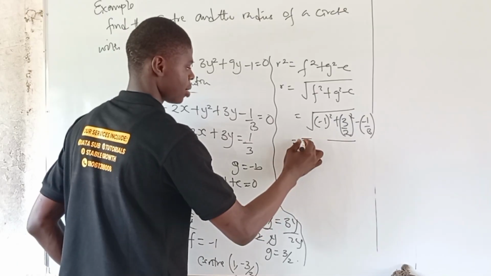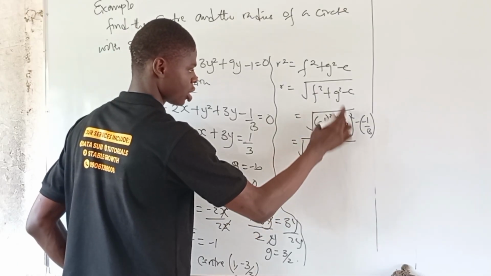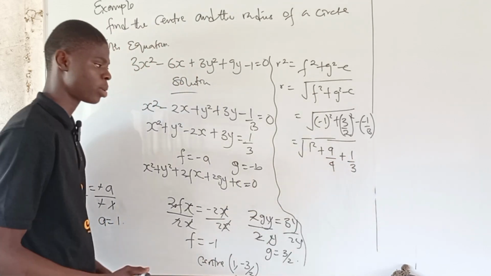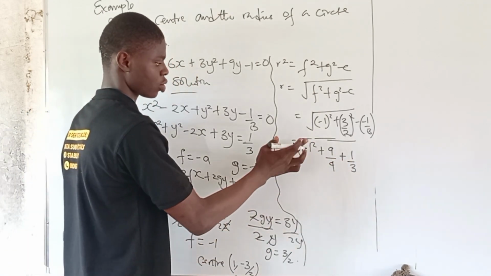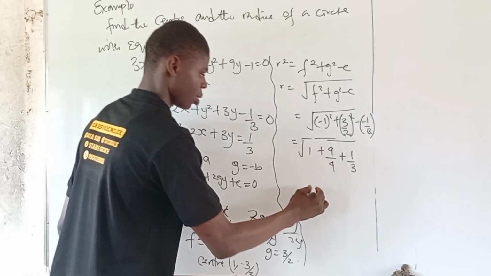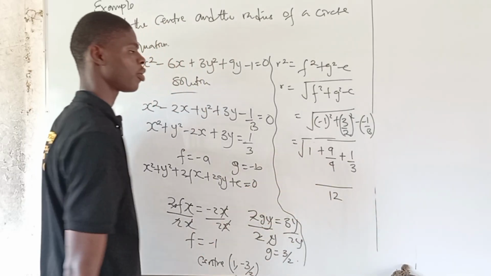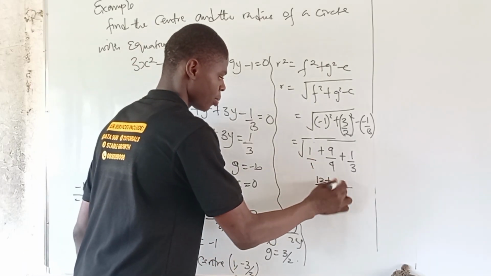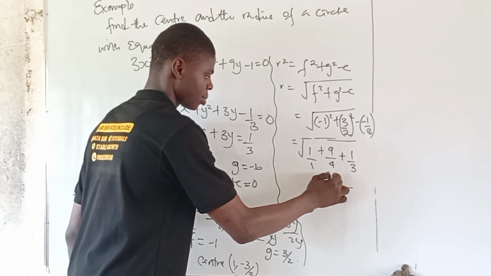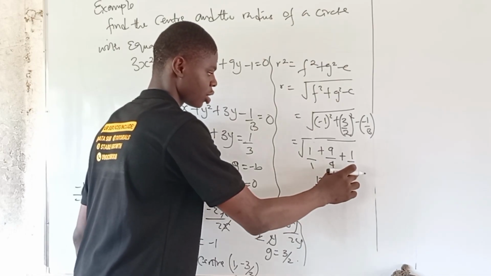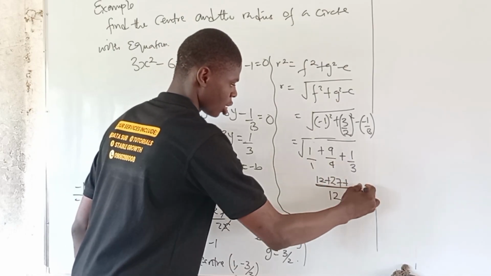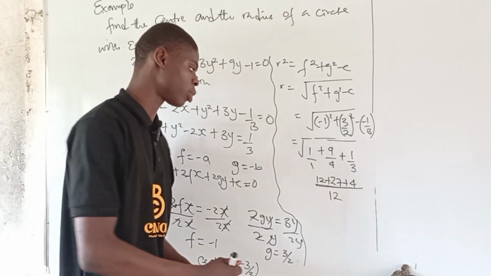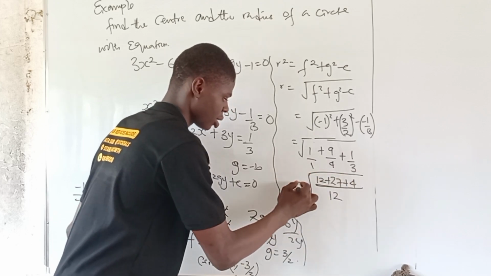So this is simply 1 squared plus 3 squared is 9, 2 squared is 4, plus 1 over 3. So we're going to be adding everything now. 1 squared is still 1. I'm going to take a general LCM, which is 12. So 12 into 1 is 12, 12 times 1 is 12, plus 12 into 4 is 3, 3 times 9 is 27, plus 12 into 3 is 4, 4 times 1 is 4. Remember, all these are still under the square root.